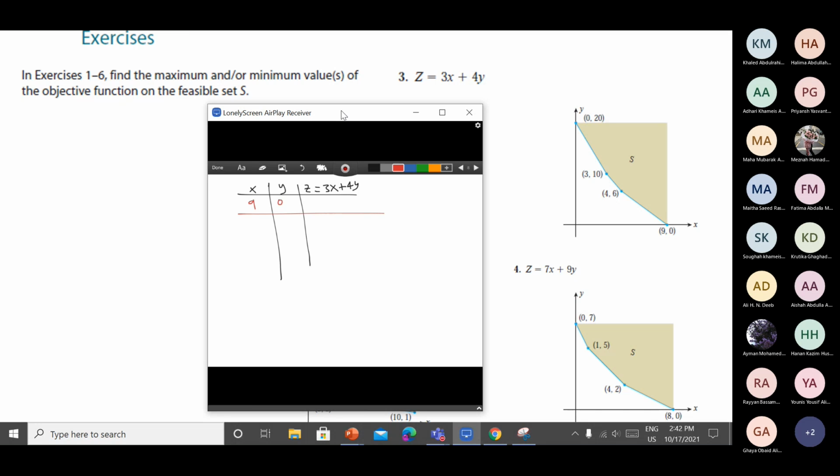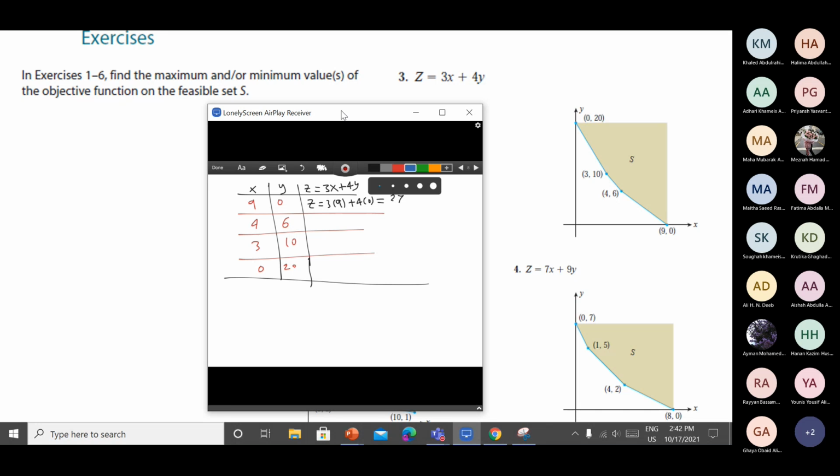The second point is 4 and 6. The third one, 3 and 10. And the last one, 0 and 20. If you substitute, 3 times x is 9, y is 0, so you end up with 27.